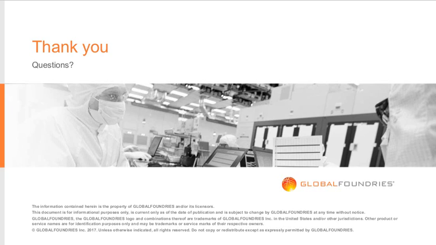So from this point of view, yes, we do have a solution to improve the thermal issue in the PA design. Thermal is very important. If we cannot get the heat out, it will impact the PAE and also the device lifetime.